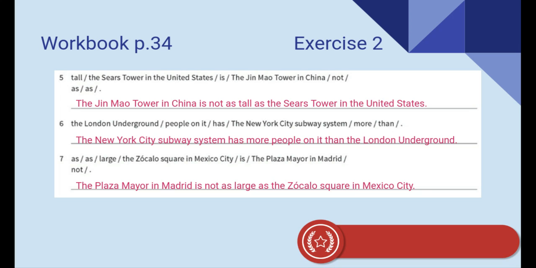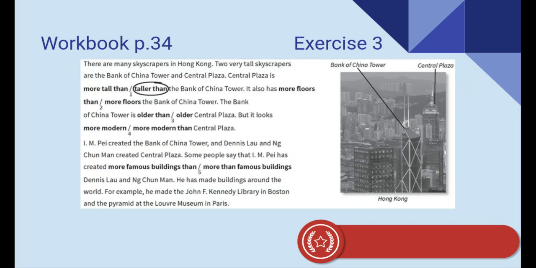Okay, great. Now, working exercise 3. Here you need to decide how to complete this text. Let's take a look at this. There are many skyscrapers in Hong Kong. 2 very tall skyscrapers are the Bank of China Tower and Central Plaza. Central Plaza is taller than the Bank of China Tower.